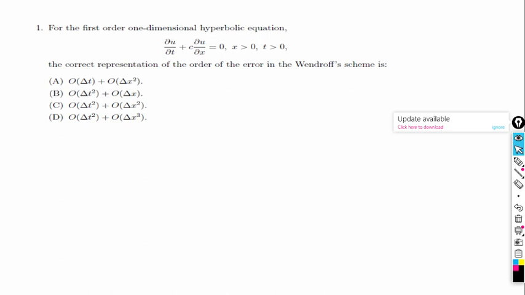So here the one-dimensional hyperbolic equation is given to us: del u over del t plus c into del u over del x equals 0.